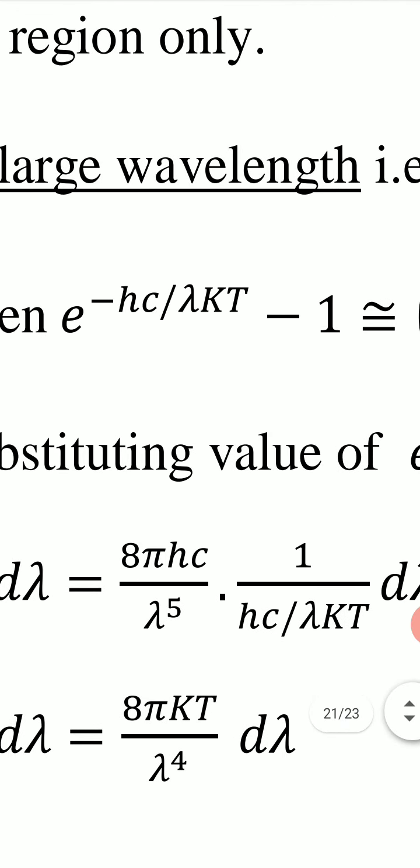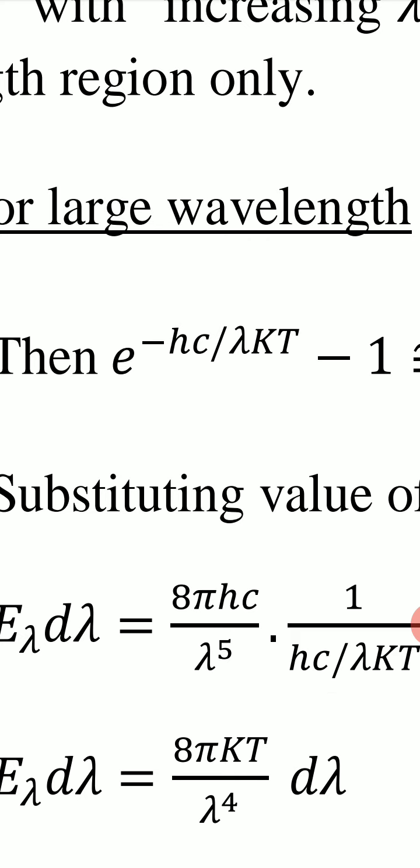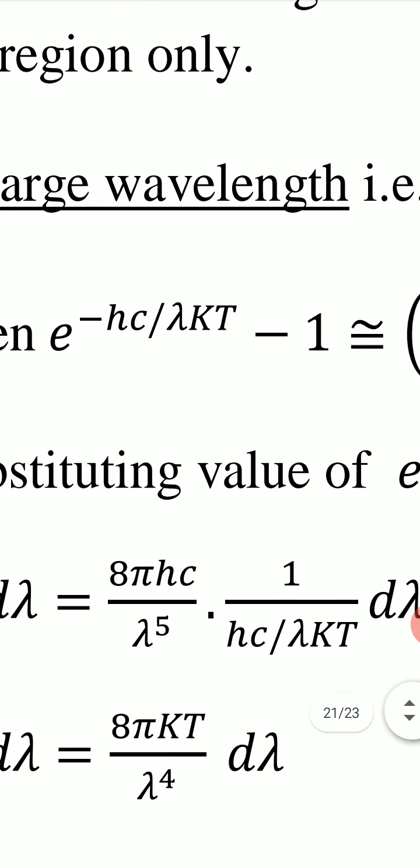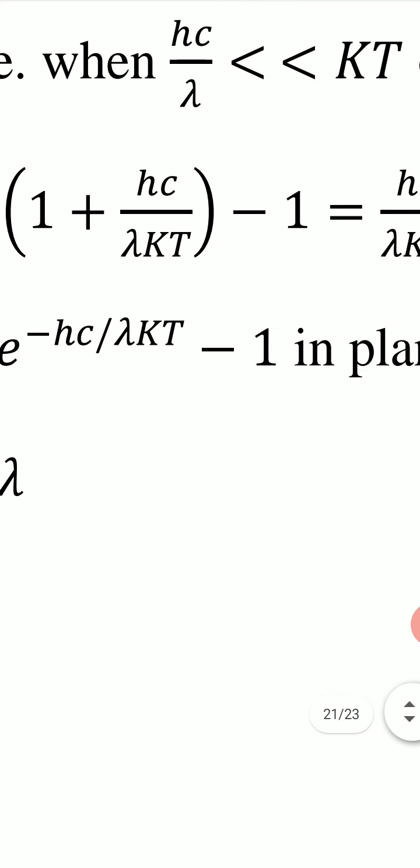Then e to the power hc upon lambda kT minus 1 will become equal to 1 plus hc upon lambda kT minus 1. We consider only two terms in this expansion. Square and higher order terms are neglected because hc upon lambda kT is a small quantity.